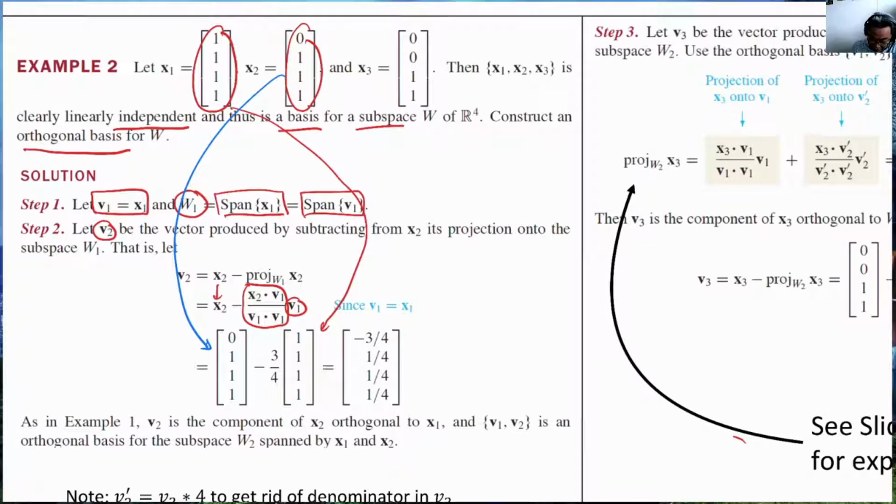So this is x2 minus, and this constant is this guy. This vector here is the closest point along v1 to x2. The answer is here. This vector is equal to v2. v2 is orthogonal to v1. You can try to do the dot product of this.